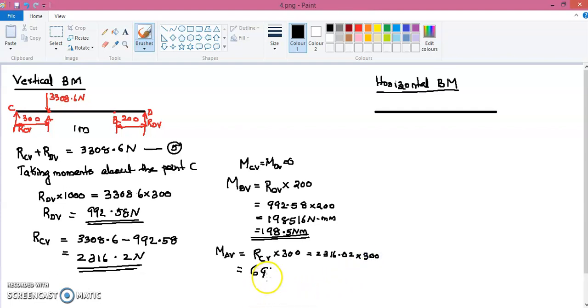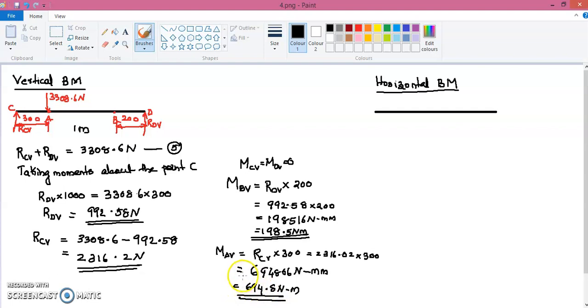So the answer is 694,806 Newton millimeter, or we can write it as 694.8 Newton meter.